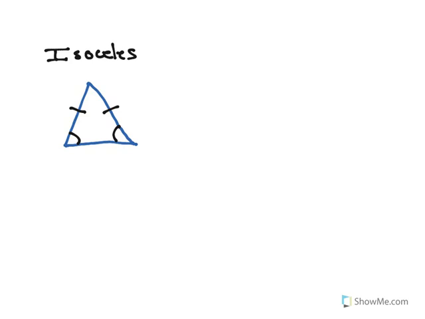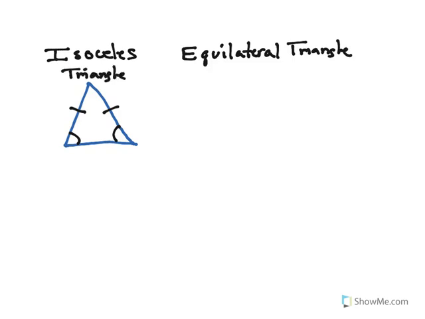And the other one is called the equilateral triangle. Lateral means side, equal meaning the same, right?